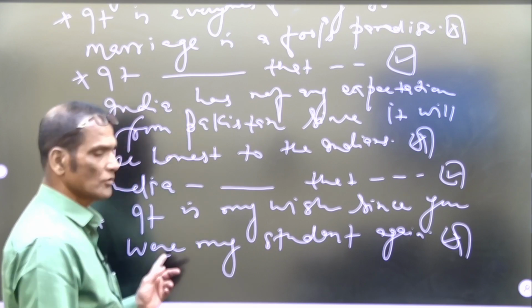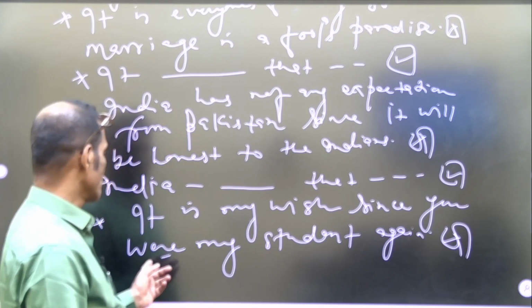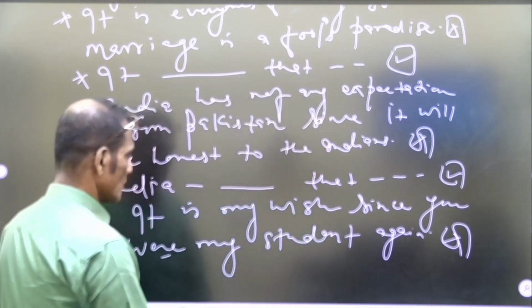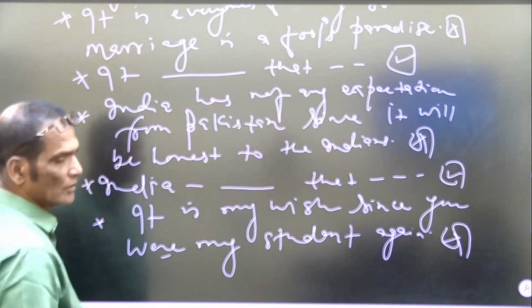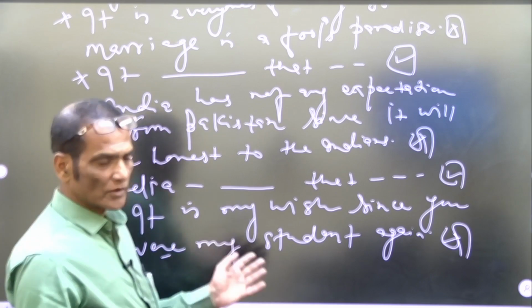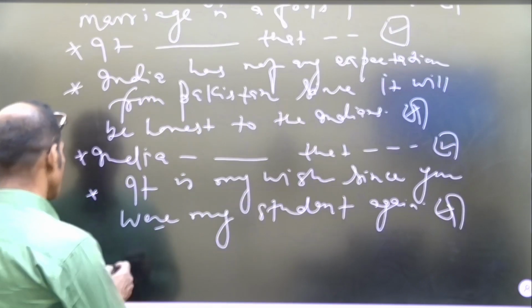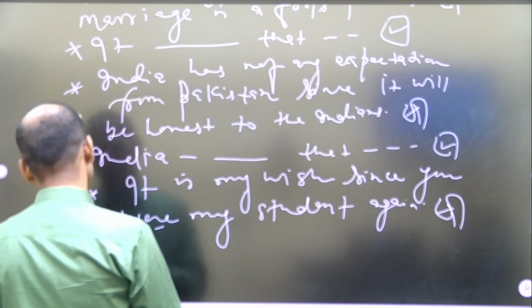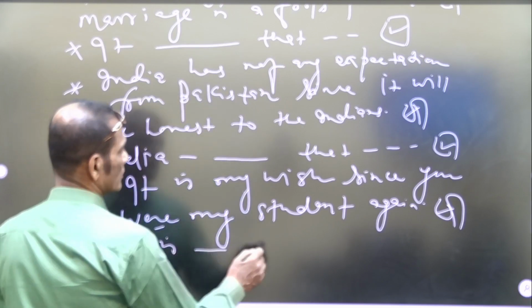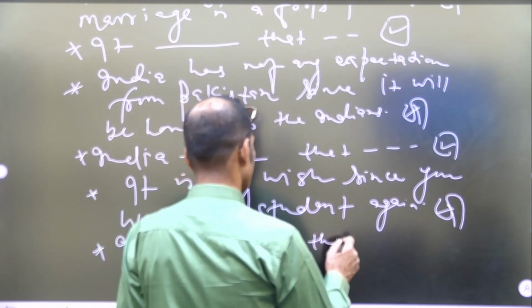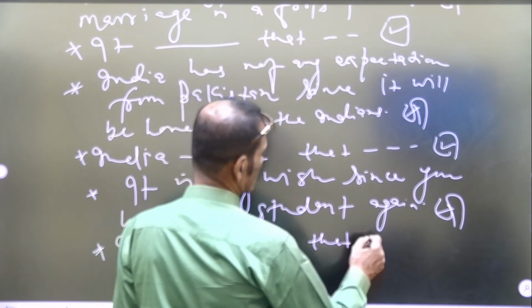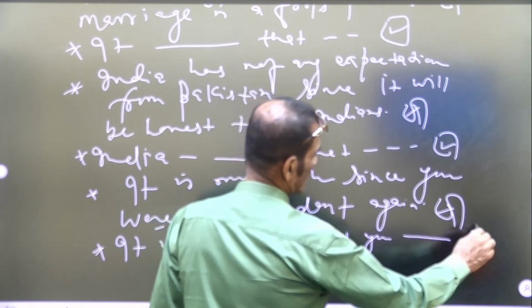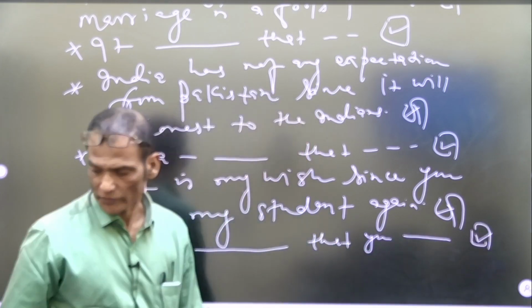So it's incorrect. So it is my wish that you were my student. Again, this one is a correct sentence.